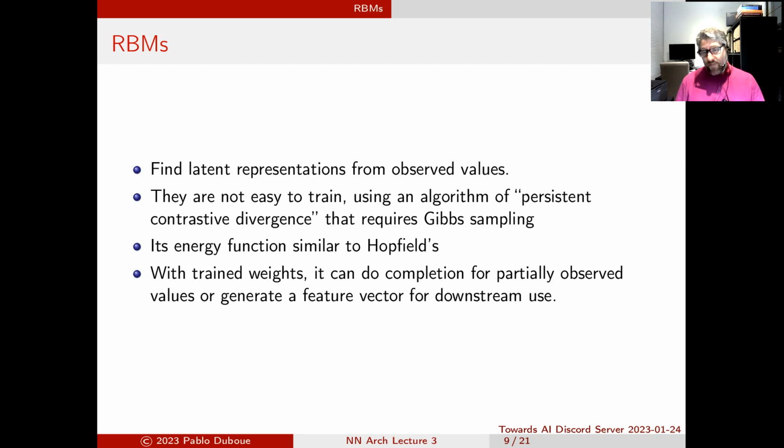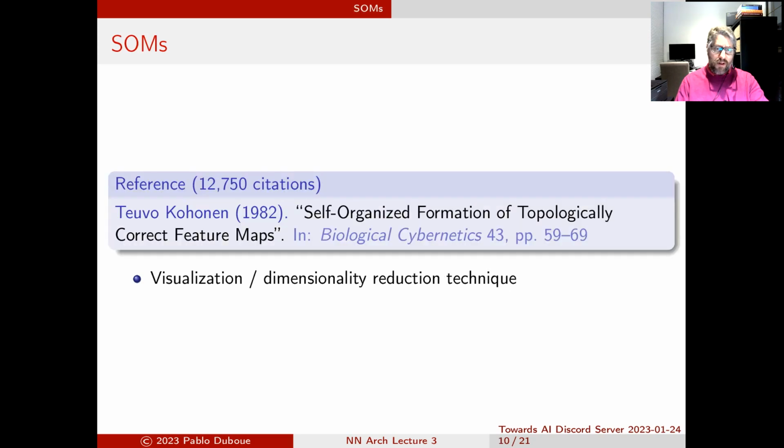So fast forward 15 years and nobody's using RBMs anymore. Yeah, but I do find the original Harmonium paper quite thought-provoking, and there may be more interesting stuff to be done there than just the RBMs.